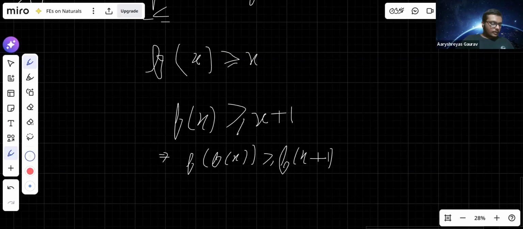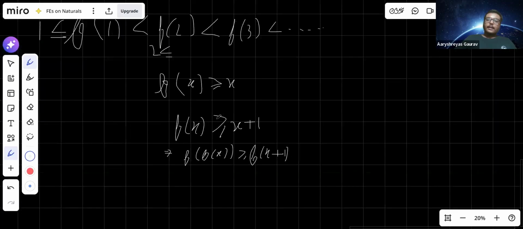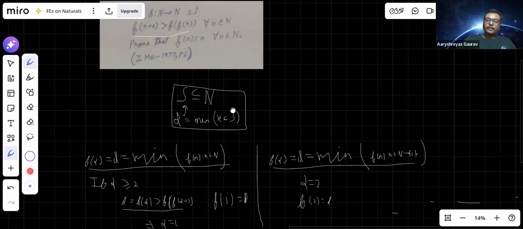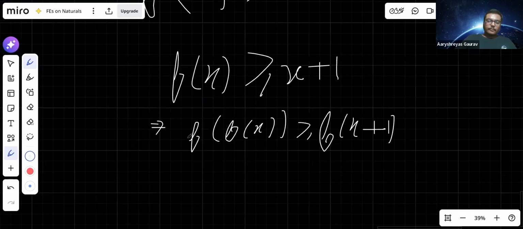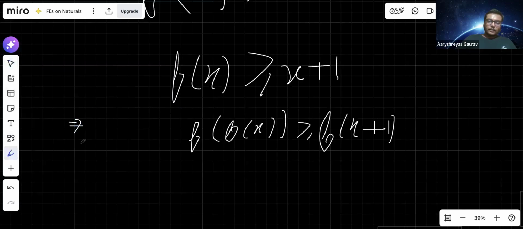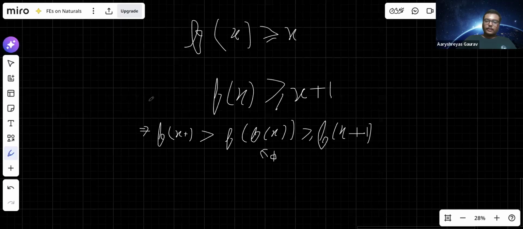Now, because of this argument, because we did this and we know that we are initially given that f of x plus 1 is greater than f of x, and we were originally given in the condition that this is this, then f of x is just nothing, which contradicts the whole thing.